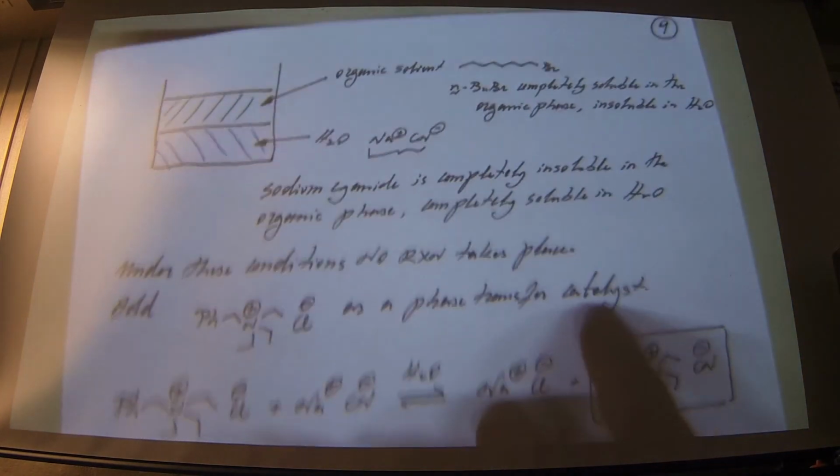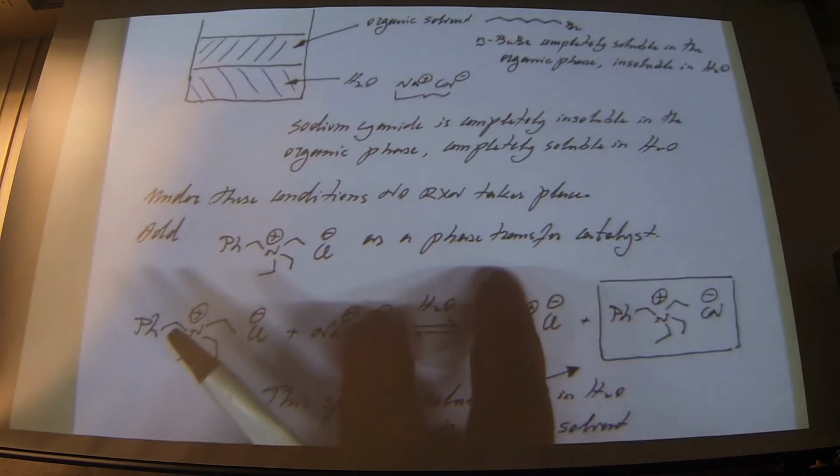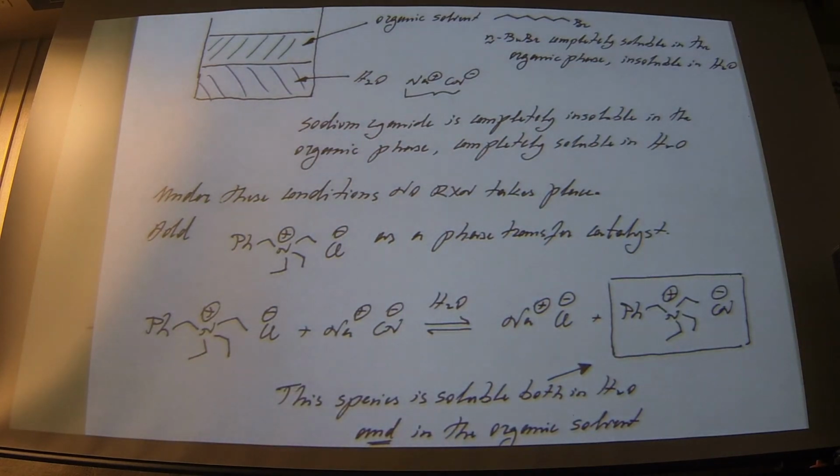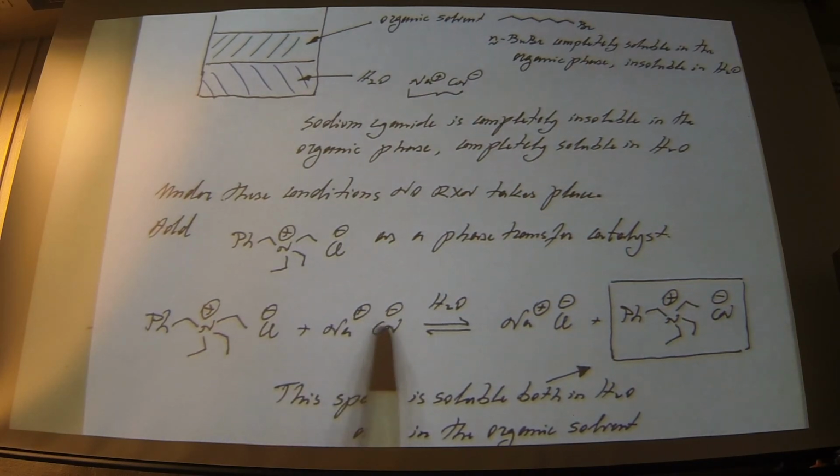Phase transfer catalysis, remember, made use of ammonium ions, or sometimes phosphonium ions. The way this worked was that you had a water-soluble, organic insoluble ion, cyanide, that is then dragged into the organic phase by association with a lipophilic ammonium species. Sodium is not lipophilic.